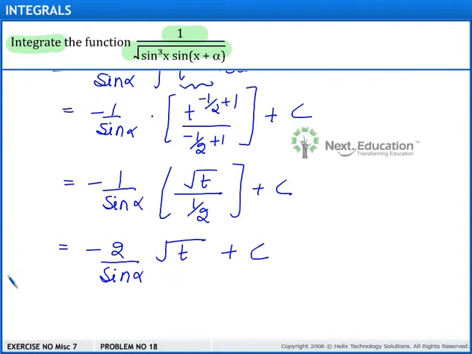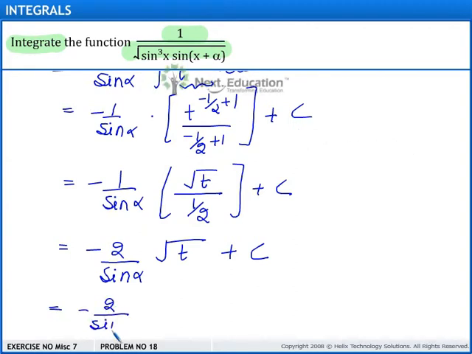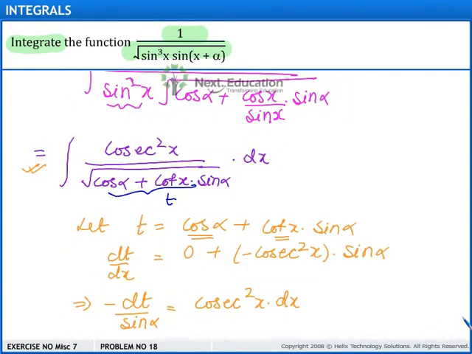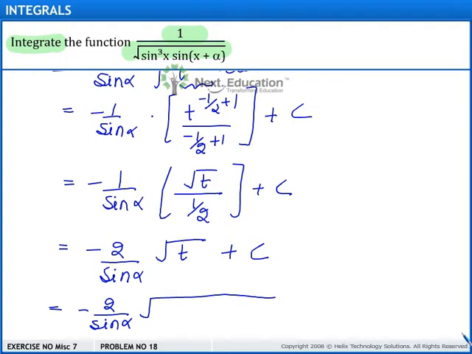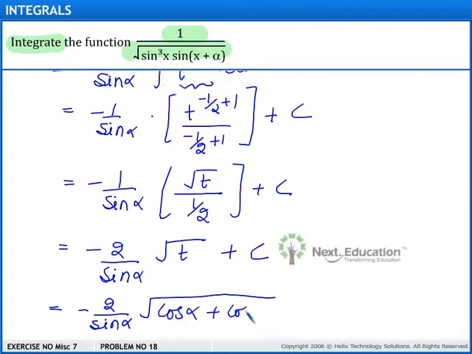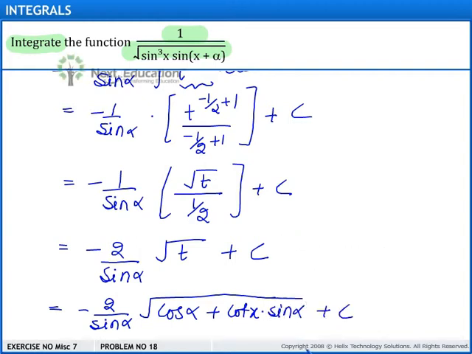Now this is further equal to minus 2 upon sine alpha square root of t. T we have supposed as cos alpha plus cot x into sine alpha. So we have cos alpha plus cot x into sine alpha plus the constant.